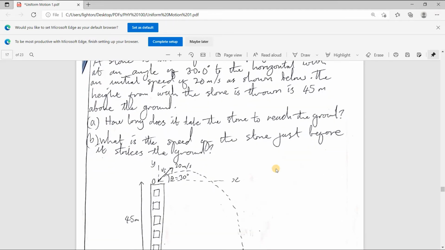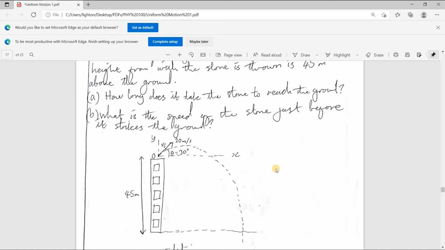Alright, let's look at this. The height is 45 meters. It is thrown from a height of 45 meters, as you can see. So this is our building, and this is the height of the building from which it is thrown, 45 meters. Remember, in our calculations we will be taking upwards as positive. So from the origin, we take up as positive, down negative.